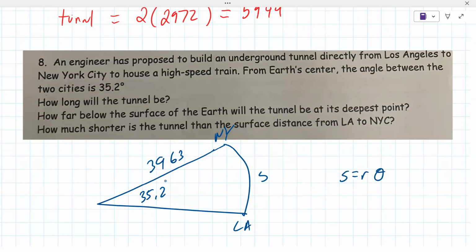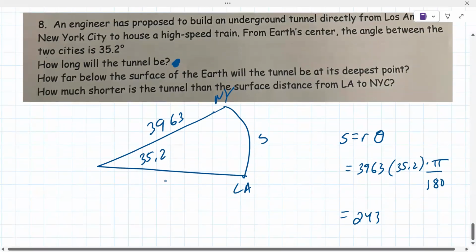S equals R theta. And so it's 3963, and then it's the 35.2 degrees times pi over 180. So that's this first one, 2,435.